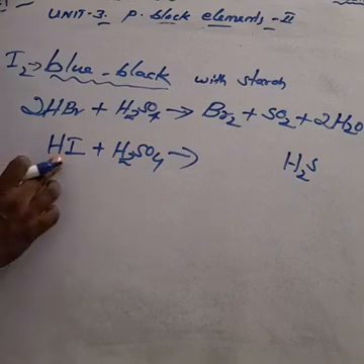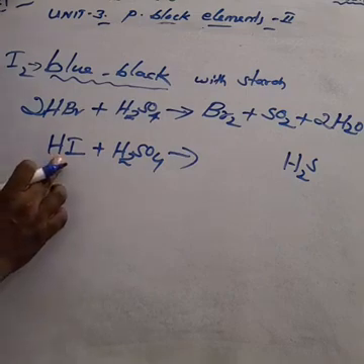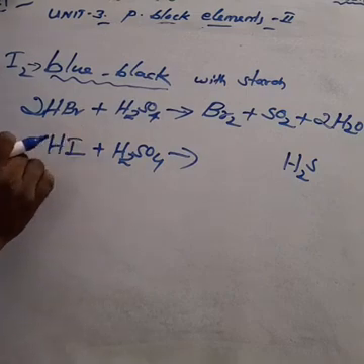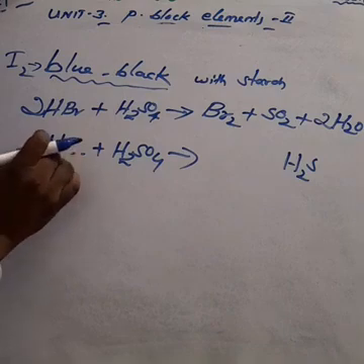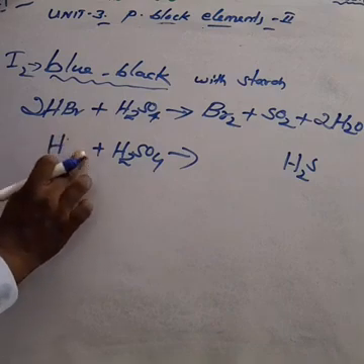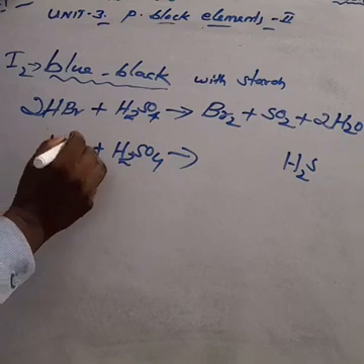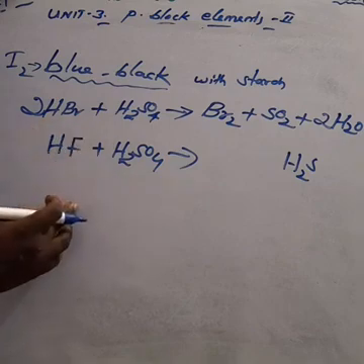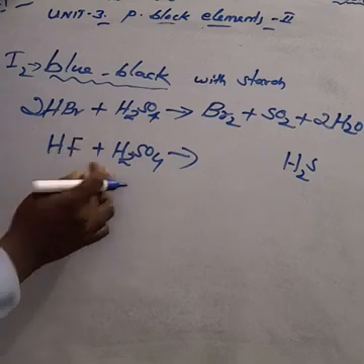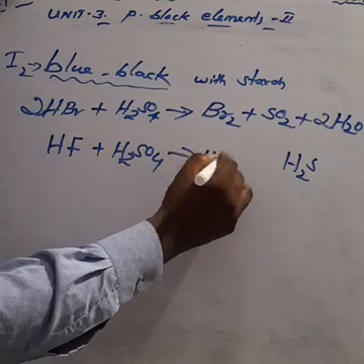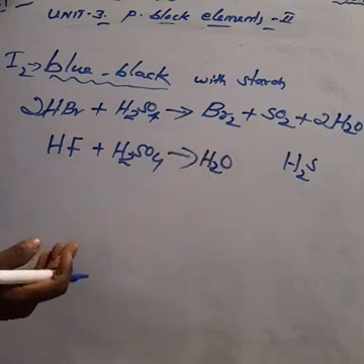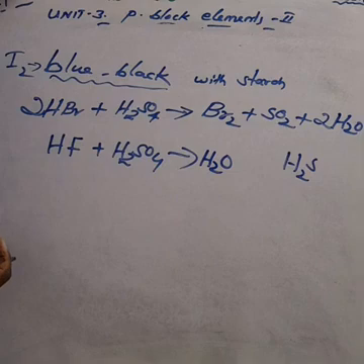First we have to take hydrogen iodide, HI, and it reacts with the sulfuric acid. We get water molecules. Before that, which product first do we get?